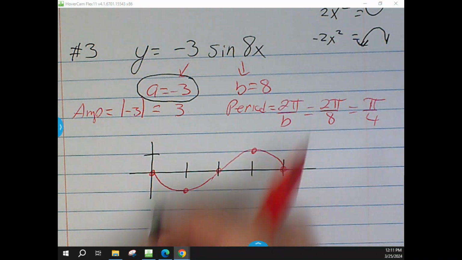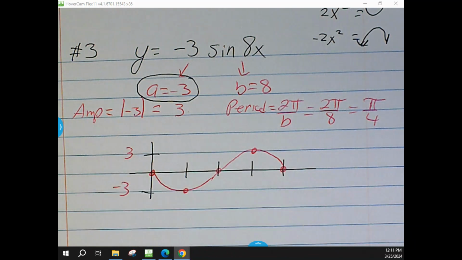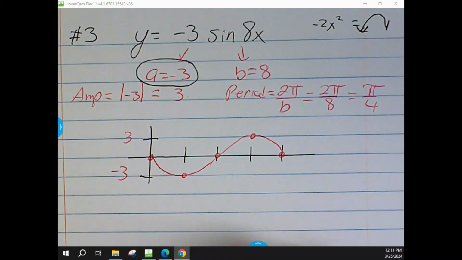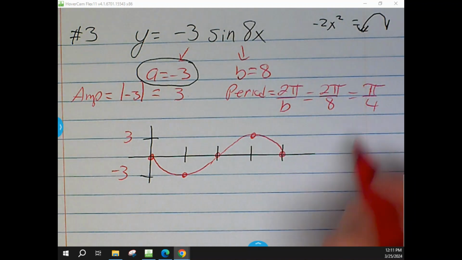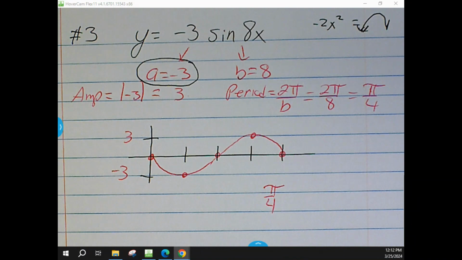And the a value is still the top and bottom of the graph, so the top is still going to be 3 and the bottom is -3. So that's the only time you do it different: if the a value happens to be negative, you've got to go down first instead of going up. Okay, the pi over 4 is still the same, so that one's good to go.